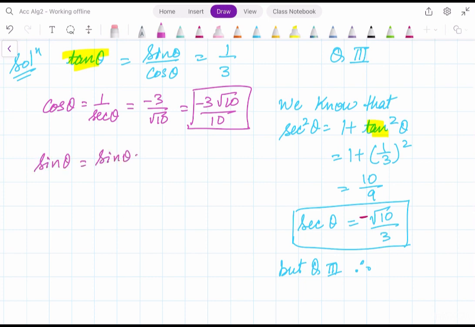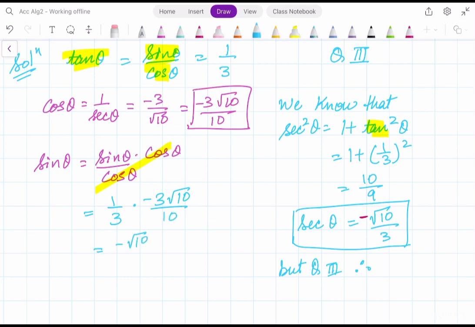Now sine theta, I can manipulate as sine theta times cos theta divided by cos theta, because cos theta divided by cos theta is just 1, but it will help me because now I have sine theta over cos theta, which is nothing but 1/3 that is given, and we just calculated cos theta as negative 3 radical 10 over 10.